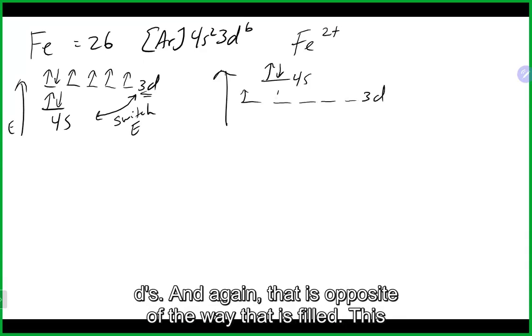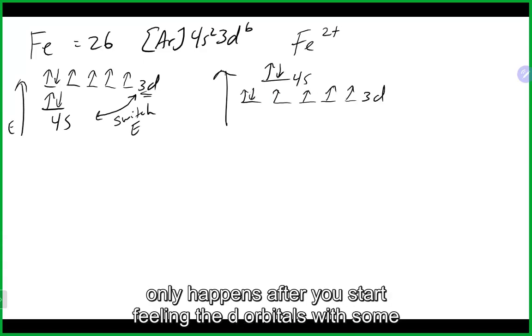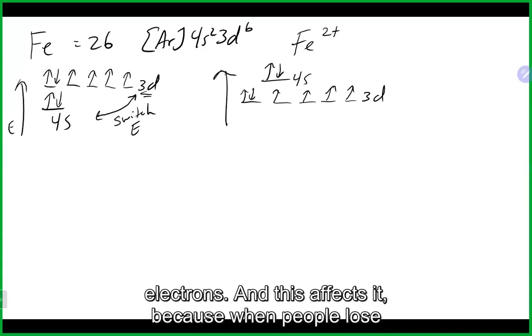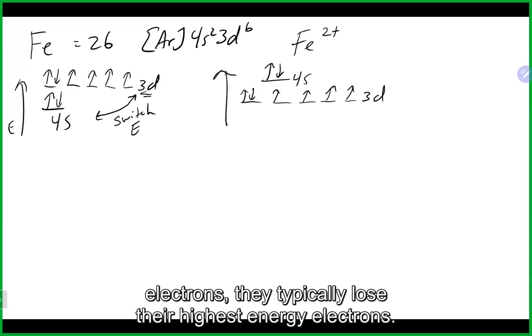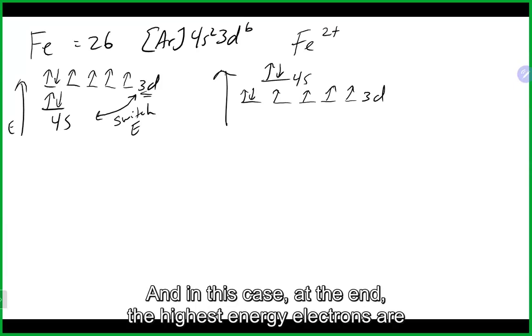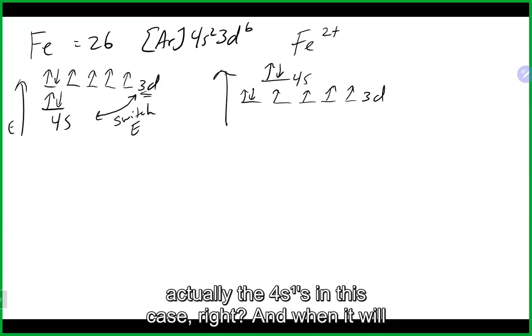And again, that is opposite of the way that it is filled. This only happens after you start filling the d orbitals with some electrons. This affects it because when atoms lose electrons, they typically lose their highest energy electrons. And in this case, the highest energy electrons are the 4s ones.